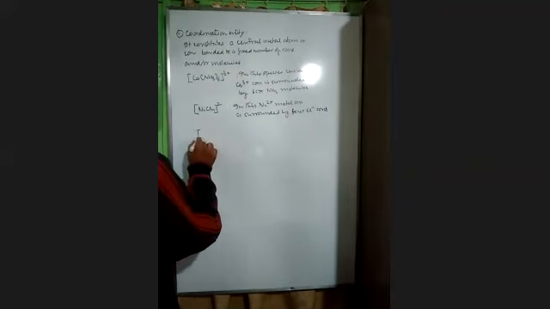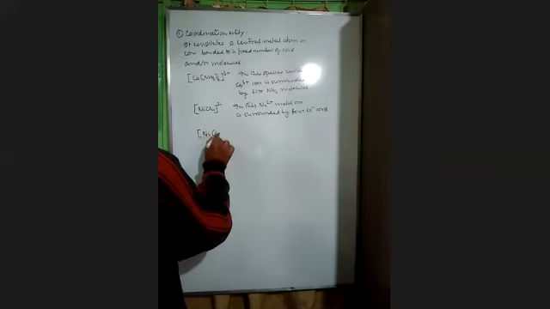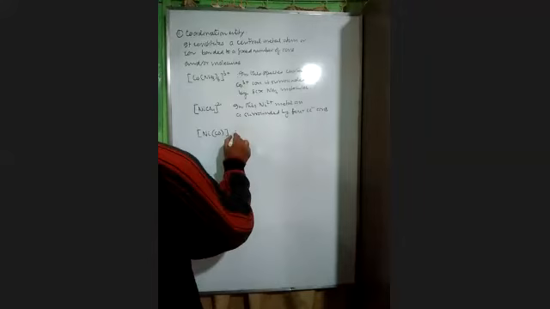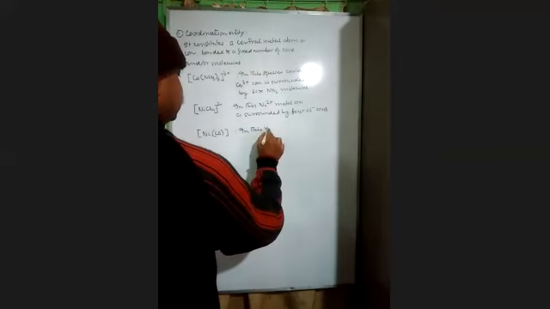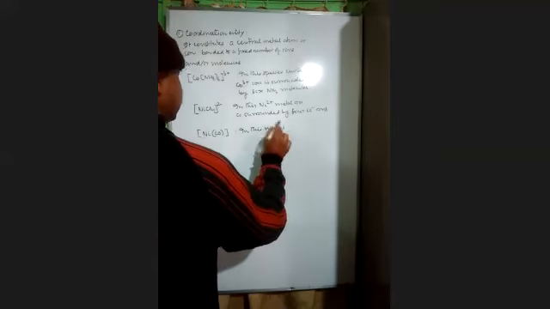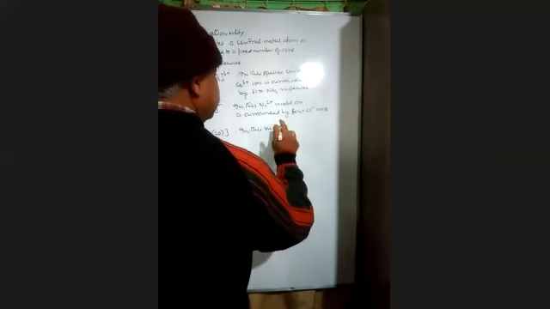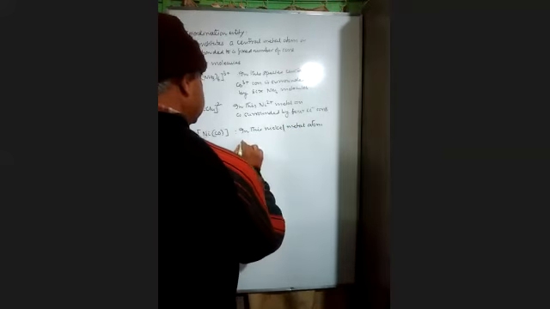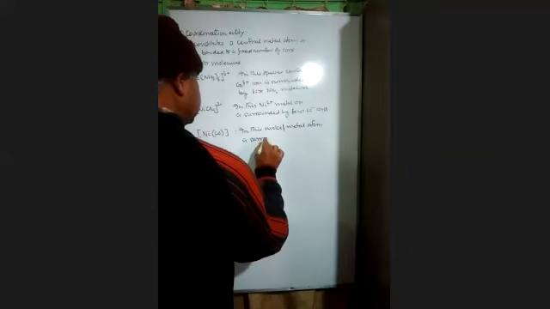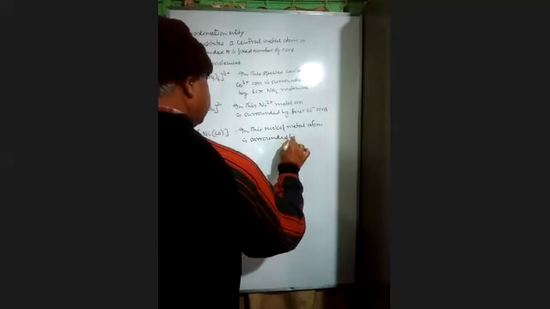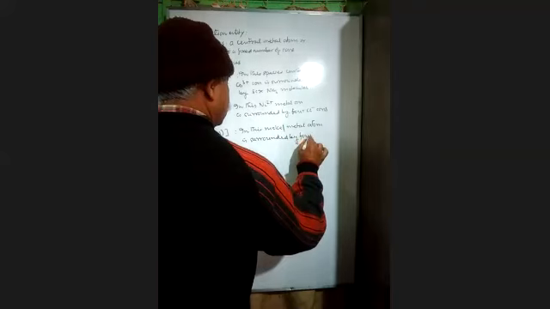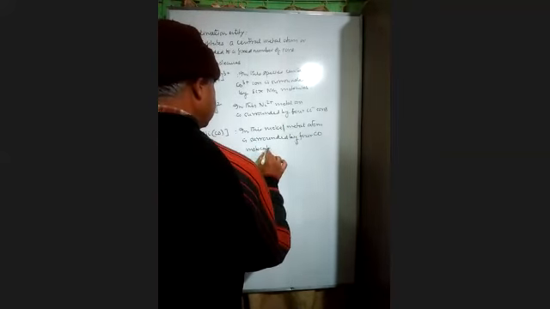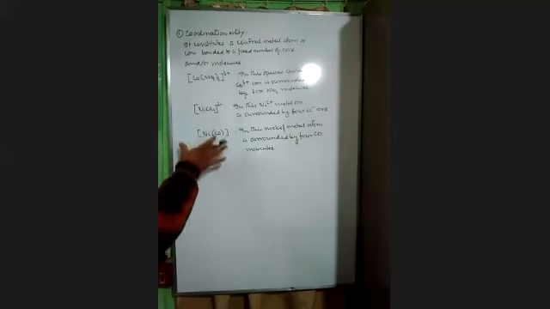Now, Ni(CO)4. In this, observe it, nickel metal atom is surrounded by 4 carbon monoxide molecules. So this is called coordination entity.